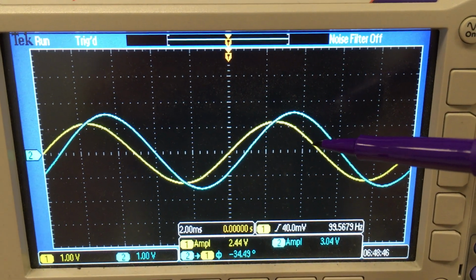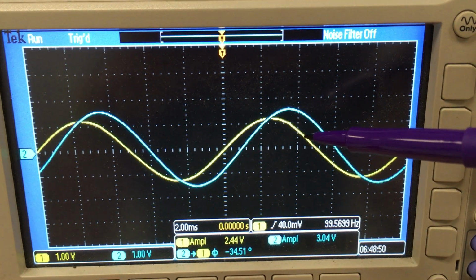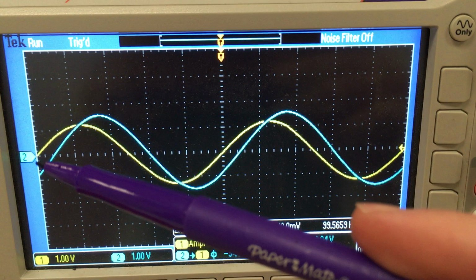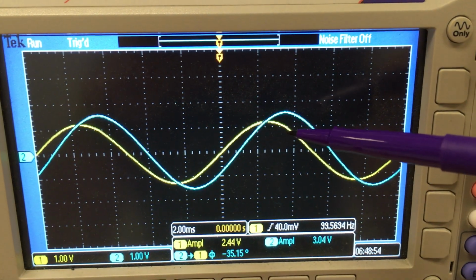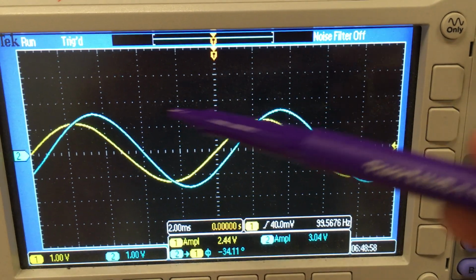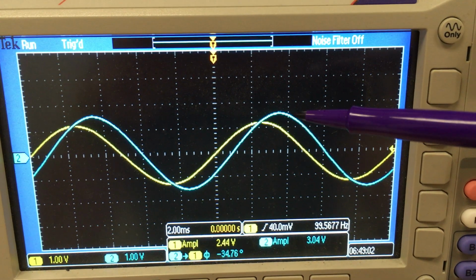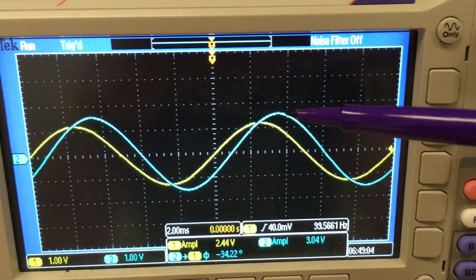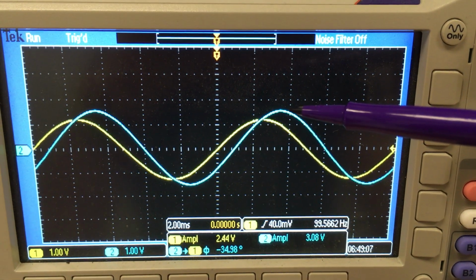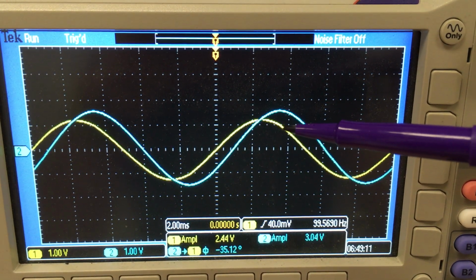And yellow, since we're measuring that across the resistor, this voltage signal, if we use Ohm's law, would tell us what the current would look like in the circuit. And so what we're really seeing here is an offset in time. Remember, the x-axis in an oscilloscope is time, between the voltage supplied by the source, the blue, and the current flowing through the circuit, the yellow.